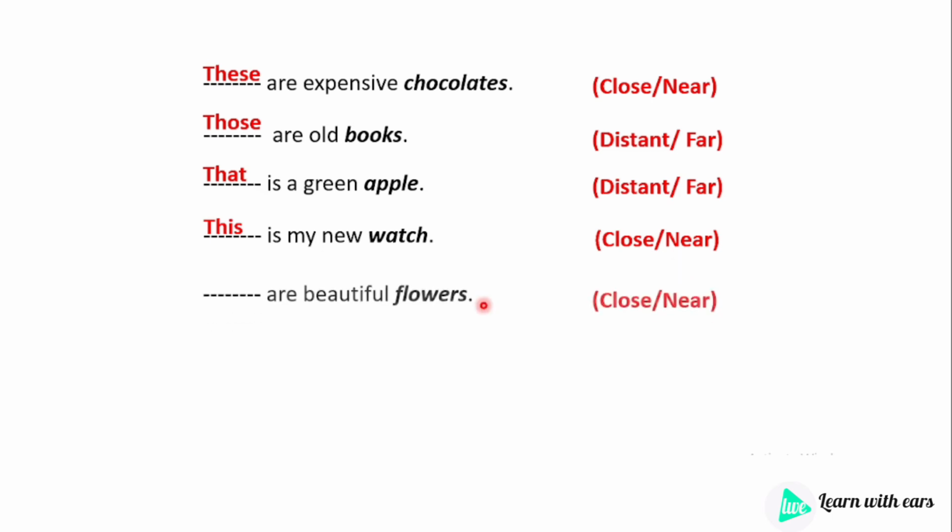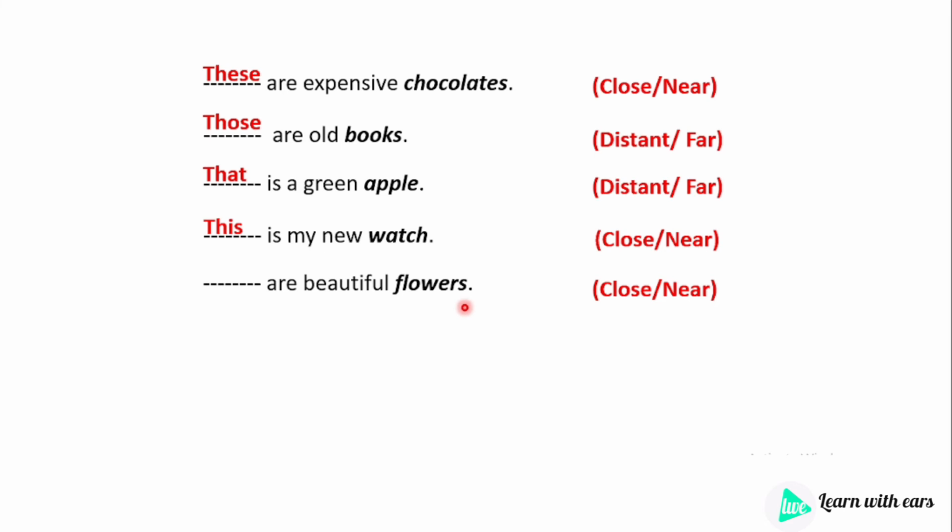Next, beautiful flowers, near, close, and flowers, plural. So we use these. These are beautiful flowers. Next, brown bag. Bag, singular, near. This is his brown bag.